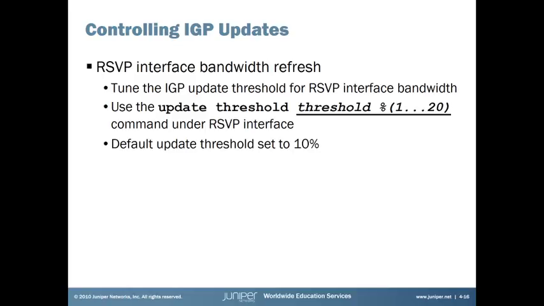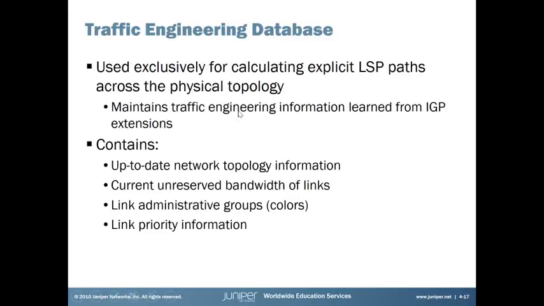Okay, so here's our traffic engineering database, used exclusively for calculating the explicit LSP paths across the physical topology. It maintains traffic engineering information learned from the IGP extensions. What's in it? It has the up-to-date network topology information and the current unreserved bandwidth of links.